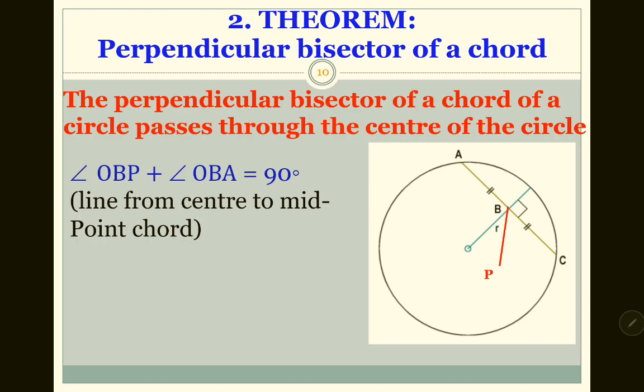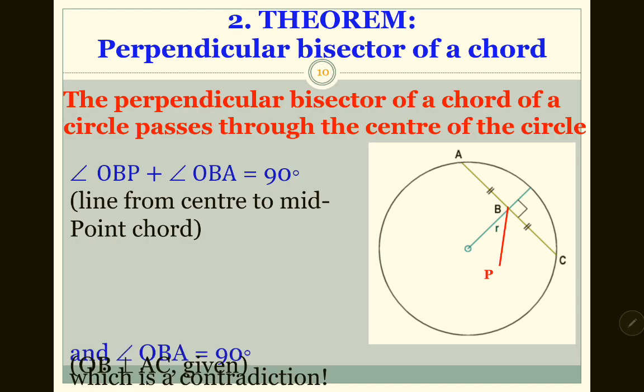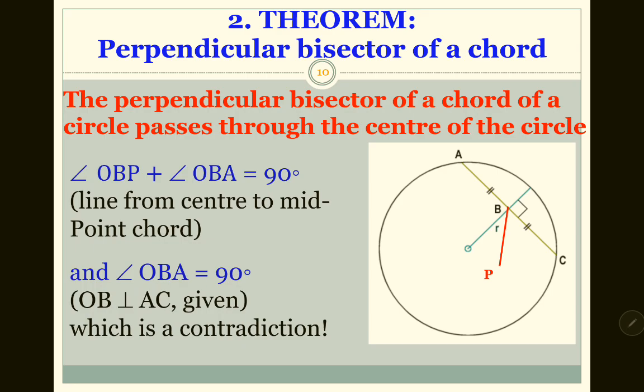So what are we basically trying to prove here? We are trying to prove that, wait, angle OBA, as we are given, is actually 90 degrees, because we can see that these are vertically opposite angles, this one and this one. So if this one is 90, this one will definitely be 90, right? We know that OB is perpendicular to AC because we're given that. So which is a contradiction. Why?